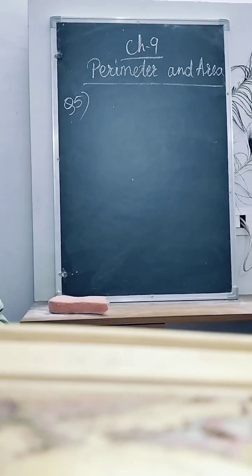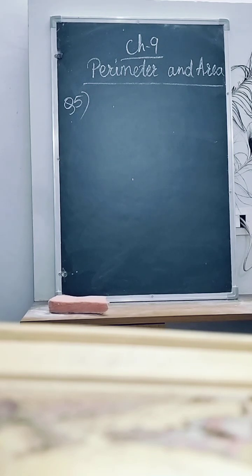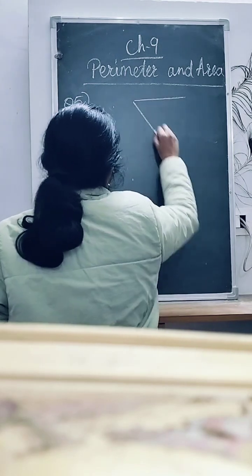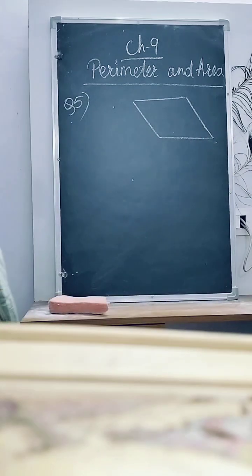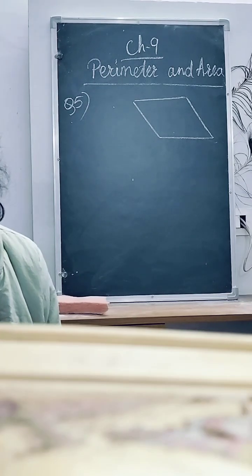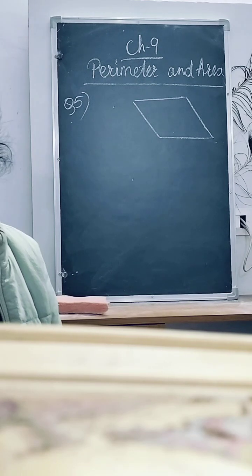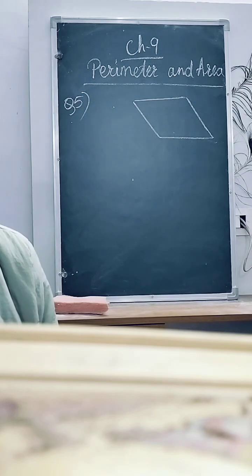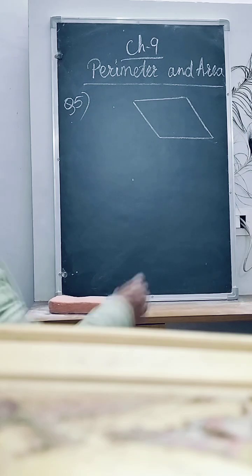First of all read the question thoroughly. PQRS is a parallelogram. Once you read the question, always try to give it the form of a figure. Once you understand the concept, then you can give it the shape of the figure. Sometimes the examiner may or may not give you the diagram, so you should understand how you will be drawing the diagram.